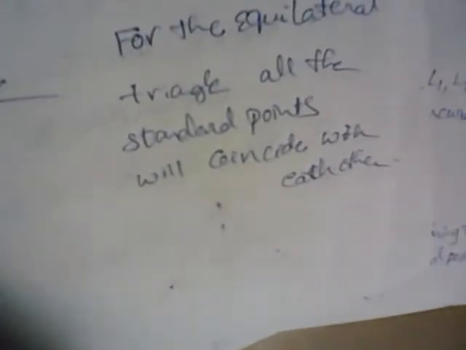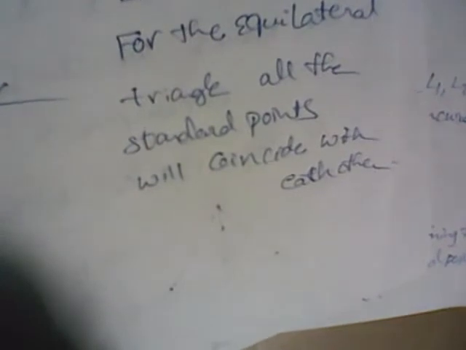Coming to an isosceles triangle, for the isosceles triangle, all the standard points are collinear.